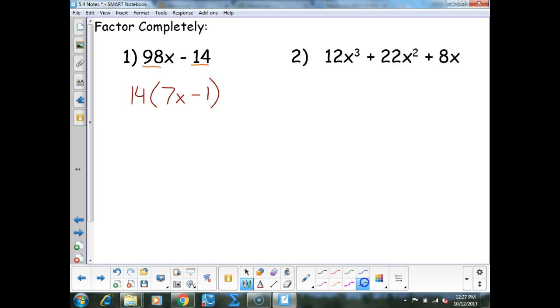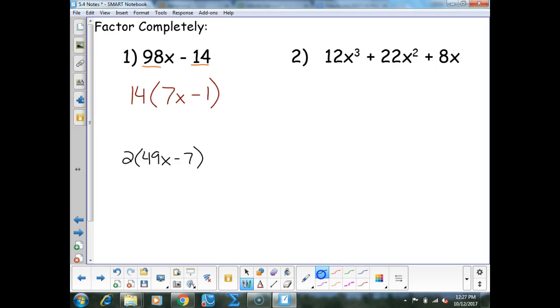What if, just for happenstance, what if Luke decided 2 is his biggest number? So he only factored out a 2. And so he was left with 49x minus 7. Right? Do we all agree that he factored it? Yeah.